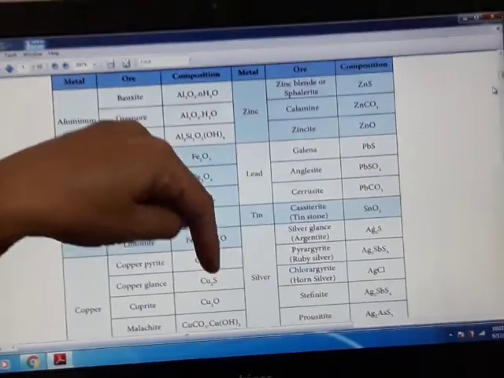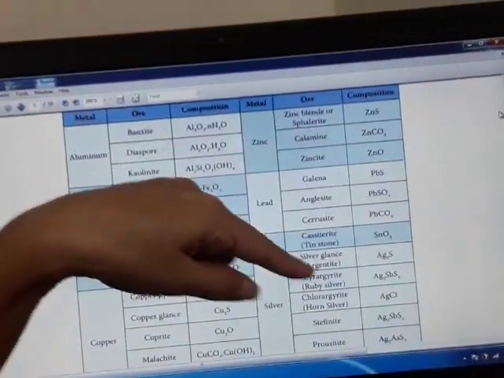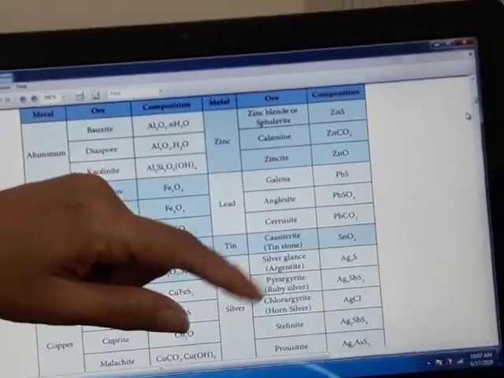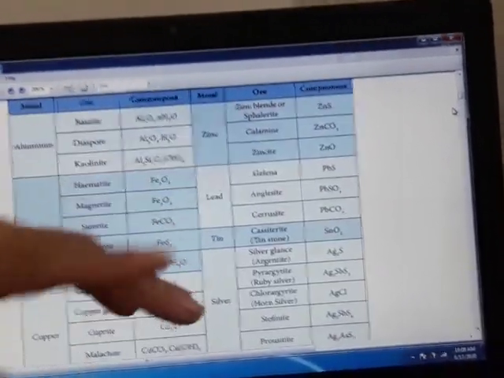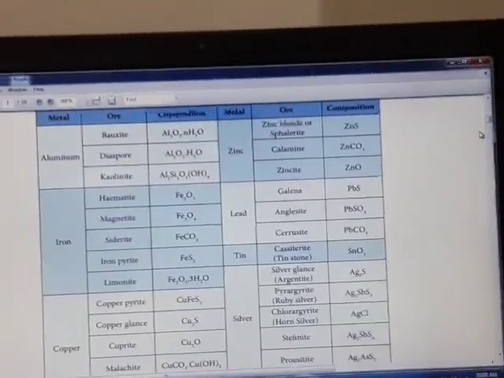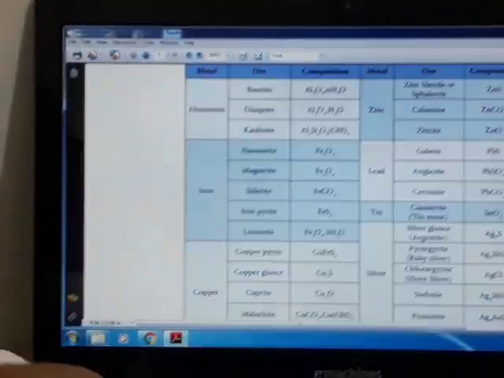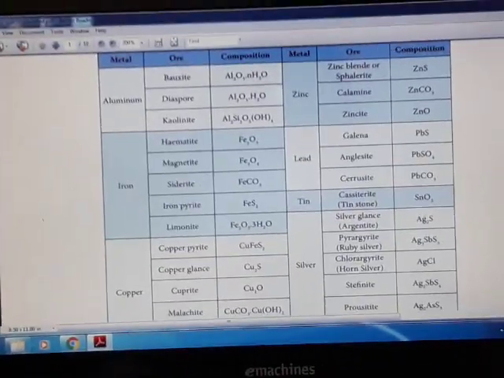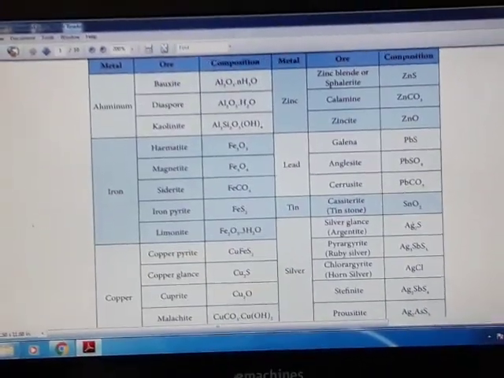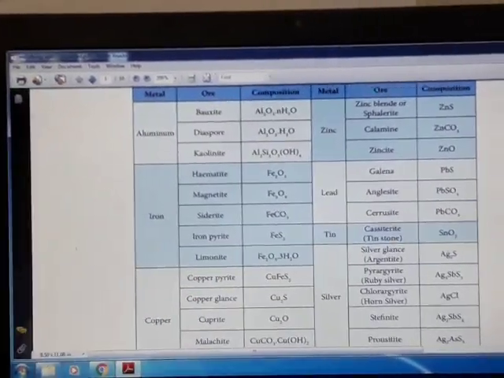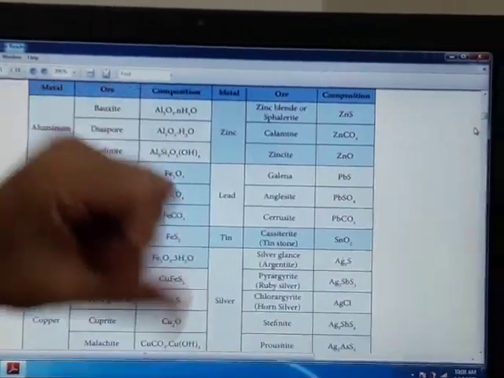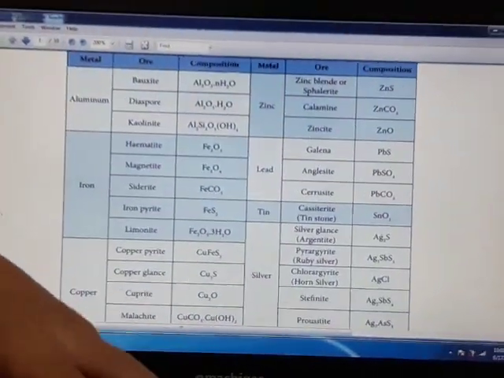Now coming to zinc, zinc is found in the form of zinc blende, calamine. Calamine, girls must be more aware of the term, because calamine is found in cosmetic products many times. And also girls, you must have heard sometimes from your doctor that if you want good shiny glowing skin, make use of calamine mixed with a little curd.